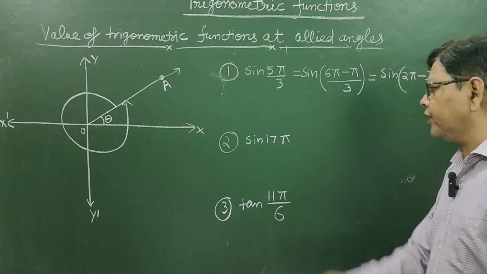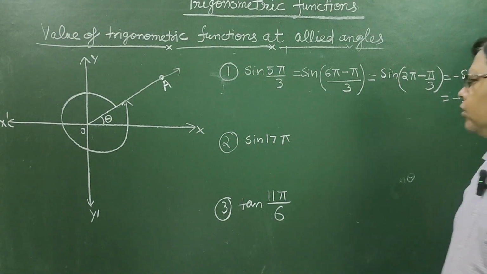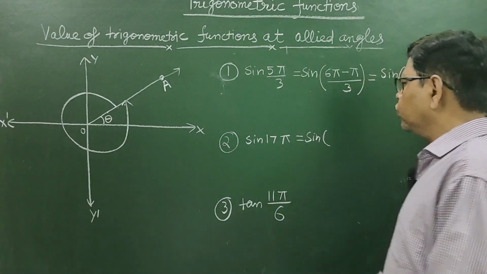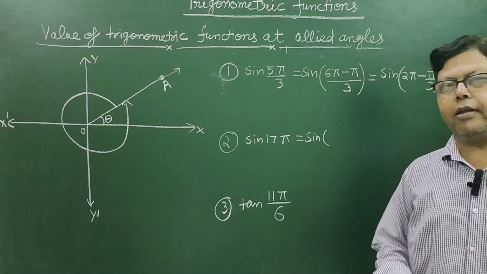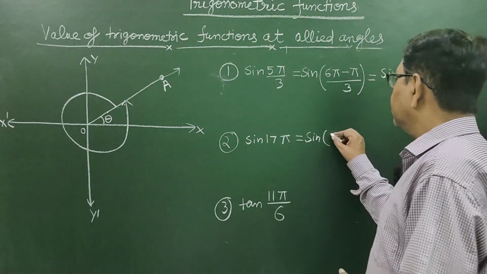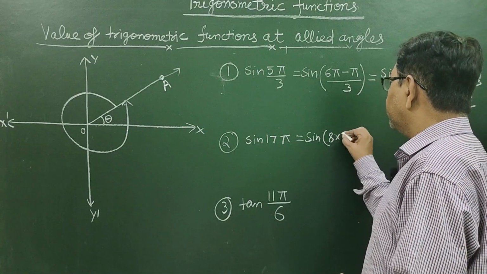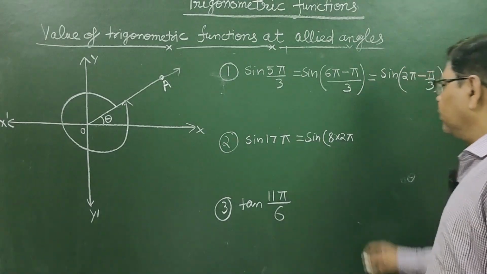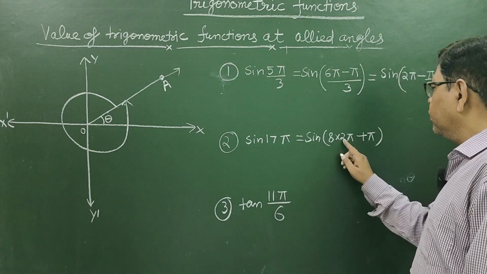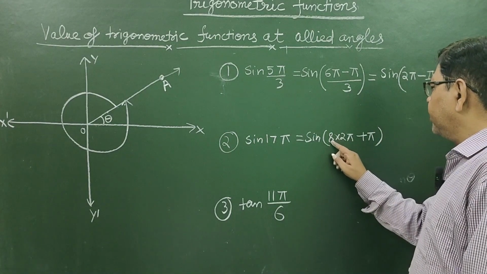Next, sin 17 pi. Again I will write this as a multiple of 2 pi. 17 pi: 2 eights are 16. I can write this is equal to 8 into 2 pi plus pi. Now it has taken the form of a multiple of 2 pi.